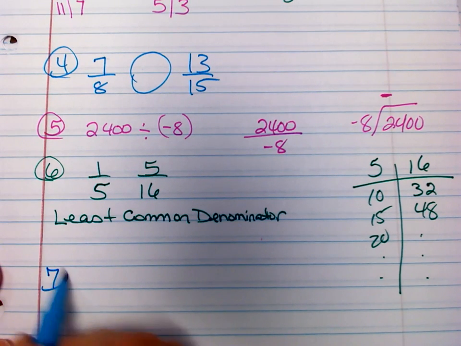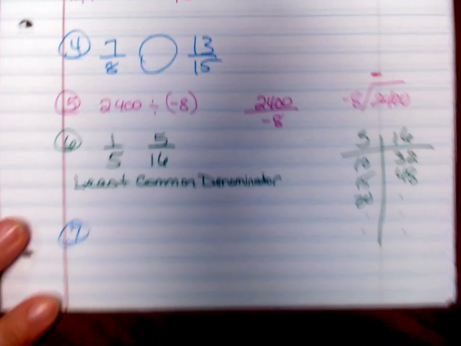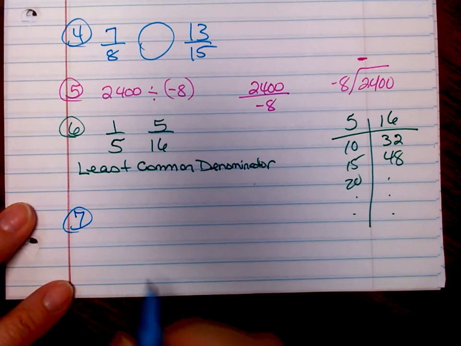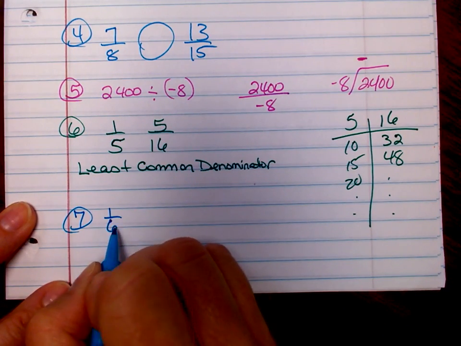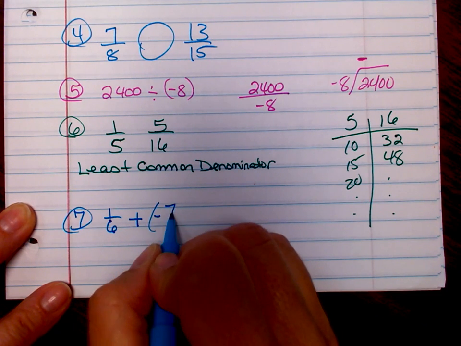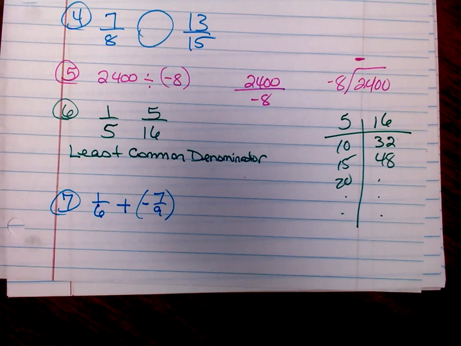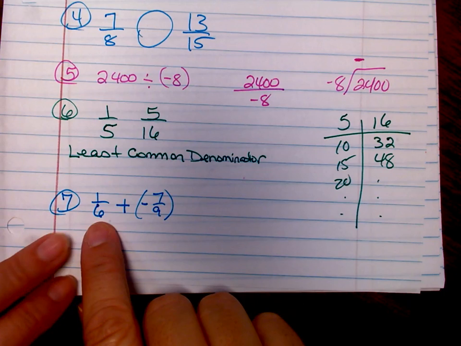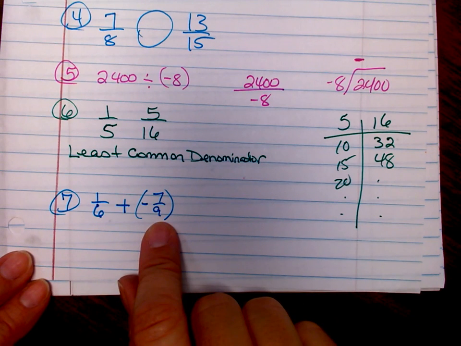Number 7. (1/6) plus (-7/9). Remember, when you're adding and subtracting fractions, you have to have a common denominator. Your first question is, can the smallest denominator go into the larger denominator?